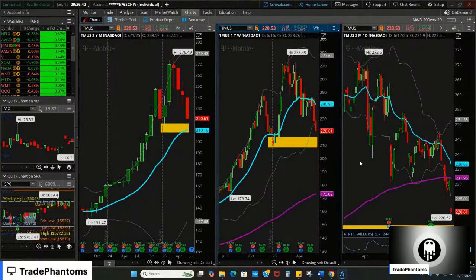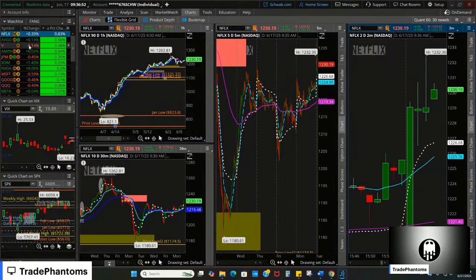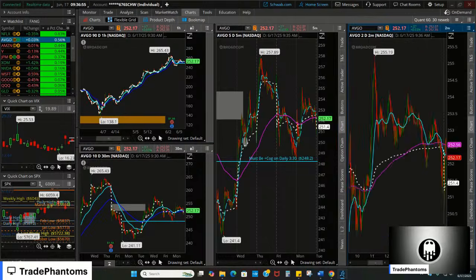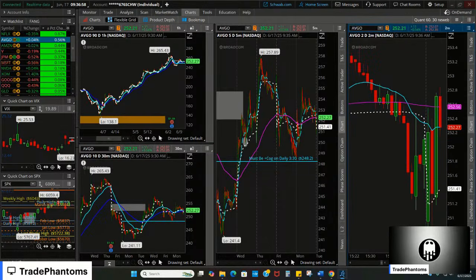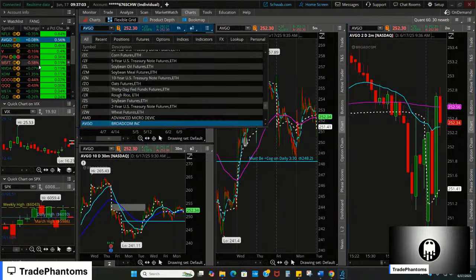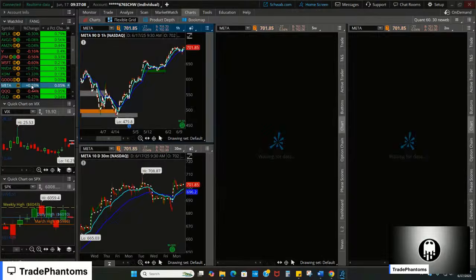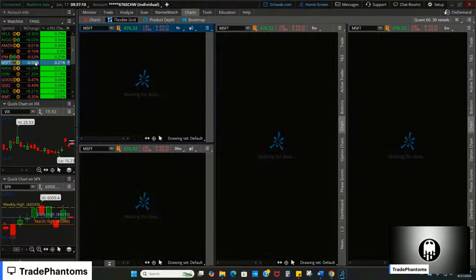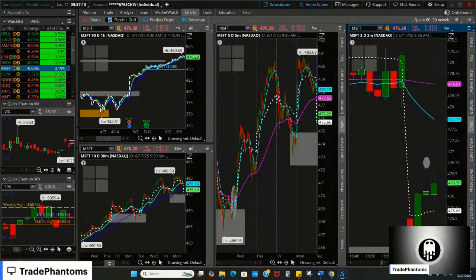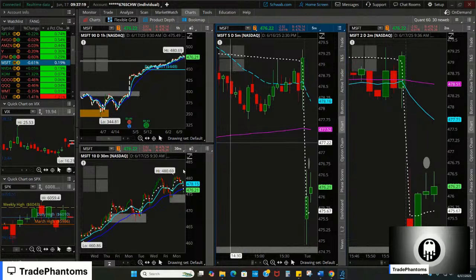Getting stretched out of 2 standard deviations here too on the monthly, on the weekly and daily. Microsoft not 100% lined up here.